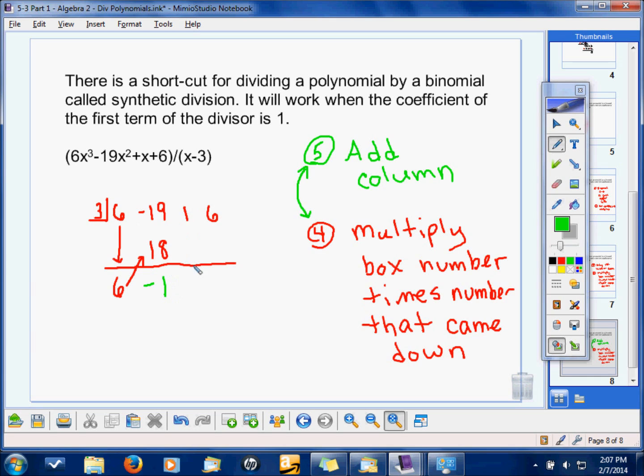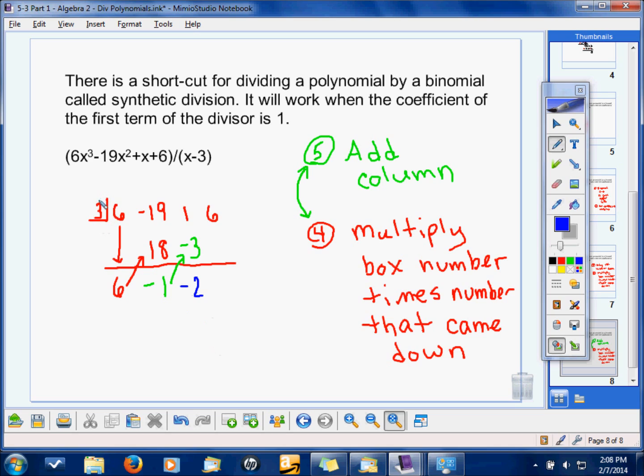Bring that up, add the columns. And you're going to keep doing that until you come to the last number and you're done. So on this next one, you get 3 times negative 1, and that gives you negative 3. And negative 2. Add the columns, that gives you negative 2.